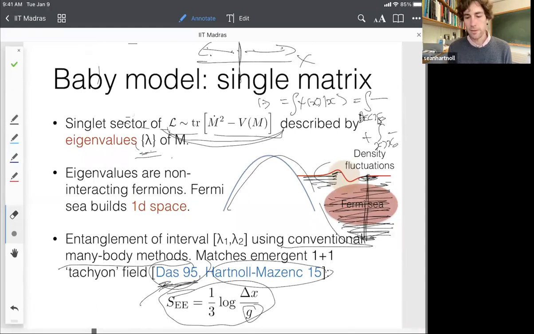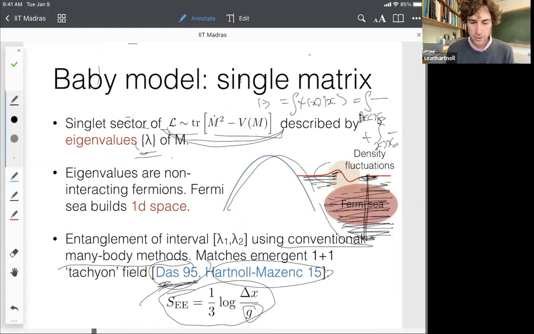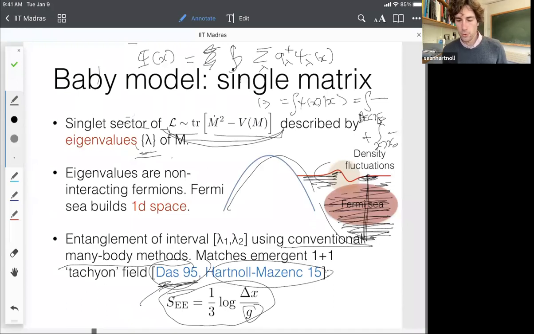The simple thing you can do is second quantize your system, and then you have a field, right? You can build a quantum field by summing over the eigenvalues. So you solve your Schrodinger equation.